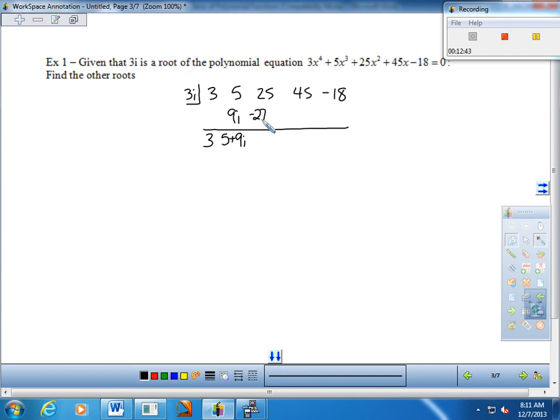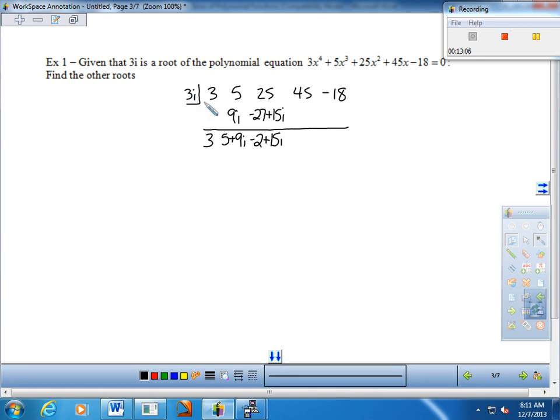Hopefully you remember that. i squared is negative 1, so 27i squared is negative 27. And then 3i times 5 is 15i. Again, ideal? No. But can we do it? Yeah, sure. All right, let's add. So 25 plus negative 27 should give us negative 2, and then add the 15i. That's looking pretty good.